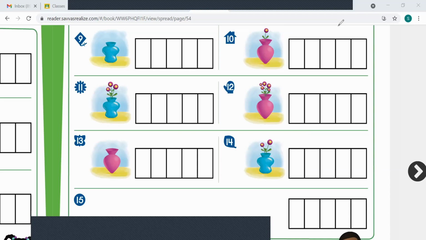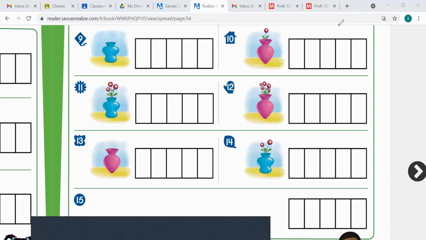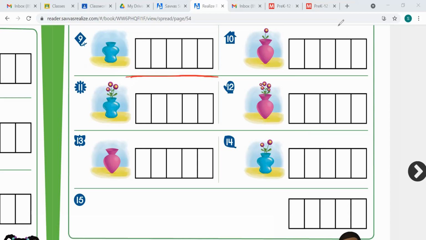This page is independent practice. That means you're going to answer these questions on your own to see if you understand what we were talking about. You're going to color in the boxes over here as you count the flowers in this vase, and color in the number of flowers you see.